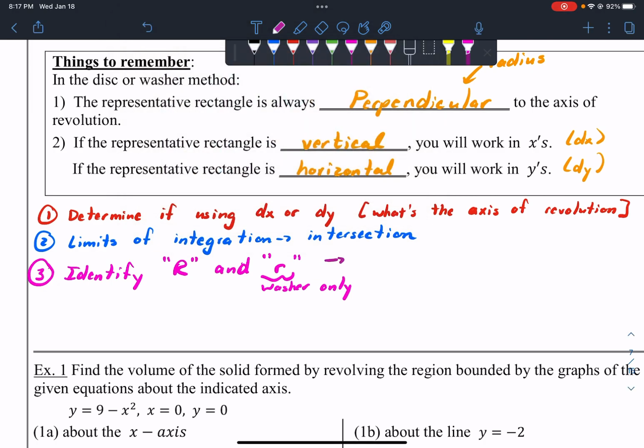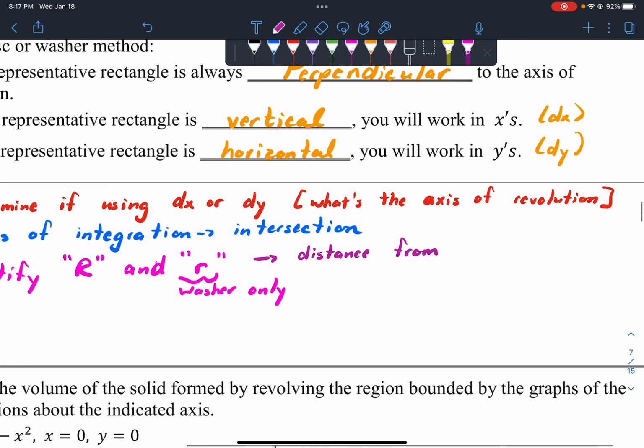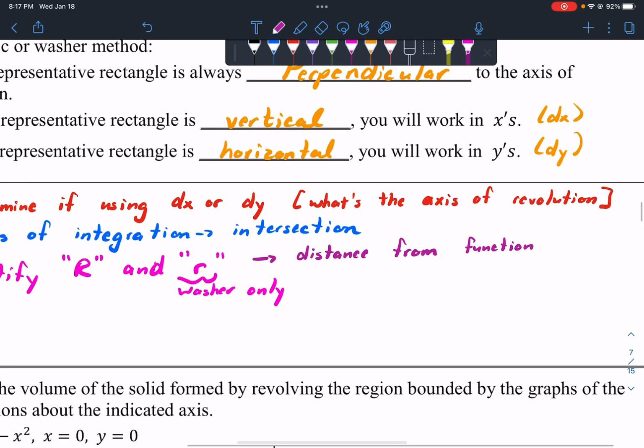In order to get that, you always want to take the distance from the function to the axis of revolution. Well, how do we find that distance?